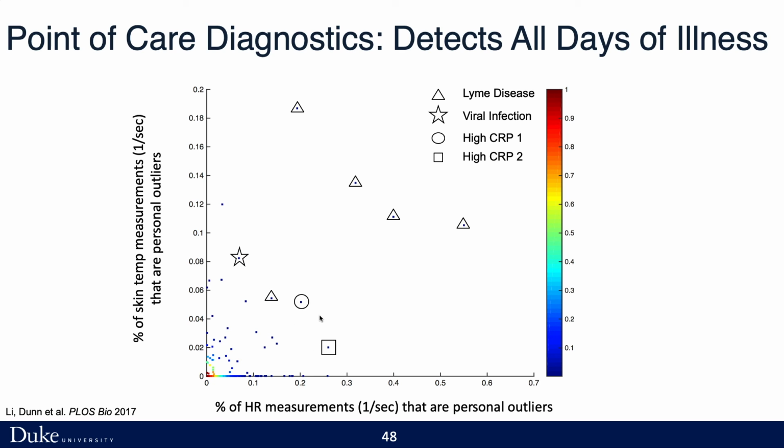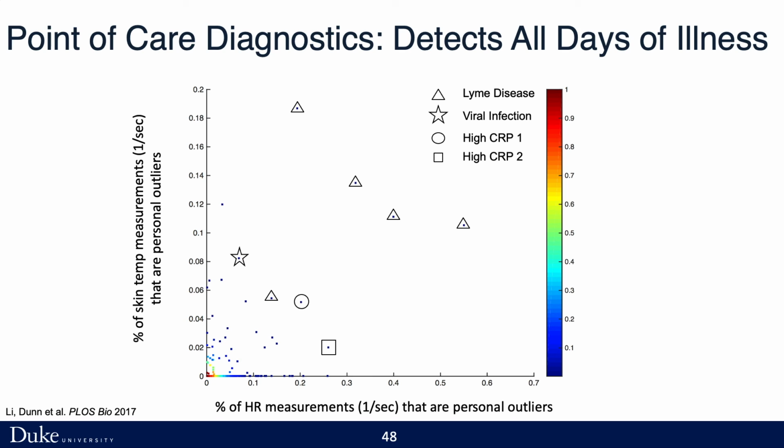They weren't reporting feeling sick. But in fact, in what was supposed to be a healthy measurement, we saw high levels of a protein called C-reactive protein, which is indicative of infection. What's really interesting here is that this person was at a high level of inflammation, even though they themselves didn't know it.